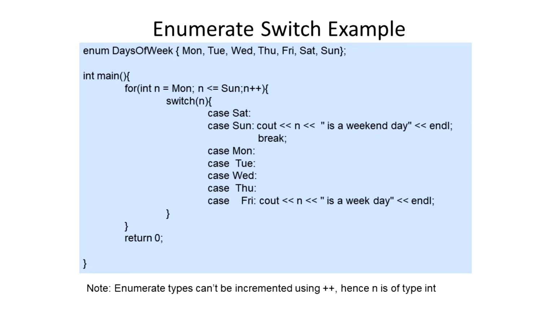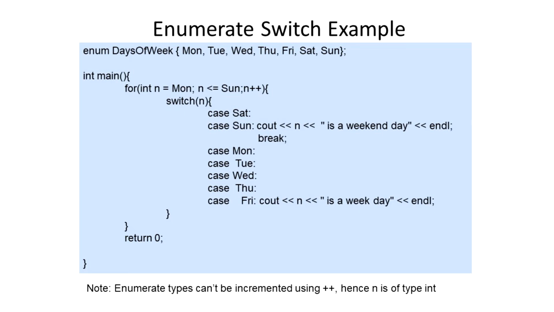And then we output the weekend day message. Remember, we said that cases could be combined and that the colon acts as an OR logic operator. So here it's saying if it's case sat or sun, then output this message. And then we do exactly the same for Monday to Friday, where we output that it's a weekday.